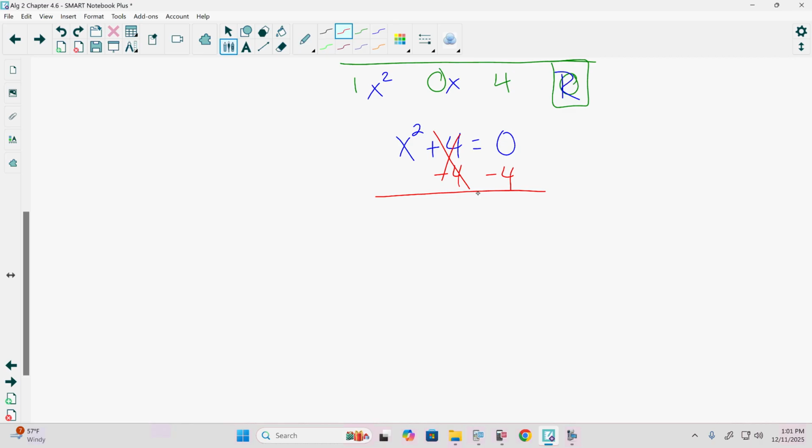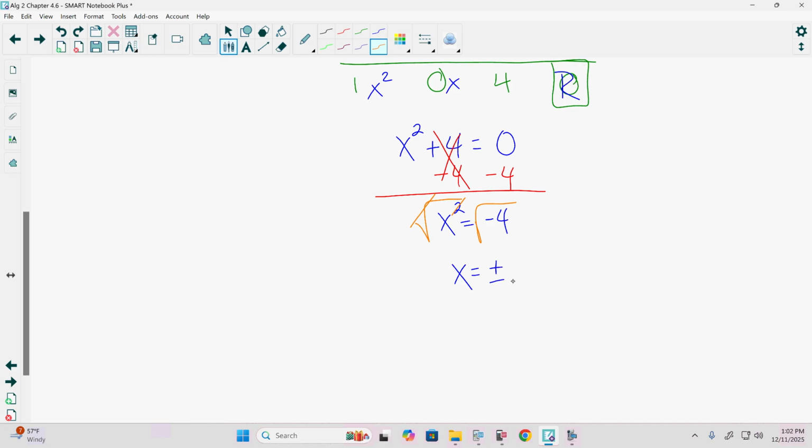And the square root method just tells us we get the term being squared by itself. And the first thing we need to do to get x squared by itself is just subtract 4 from both sides. At this point here, x squared is by itself, which means we can take the square root of both sides. Our square root and squared cancel, giving us x by itself.